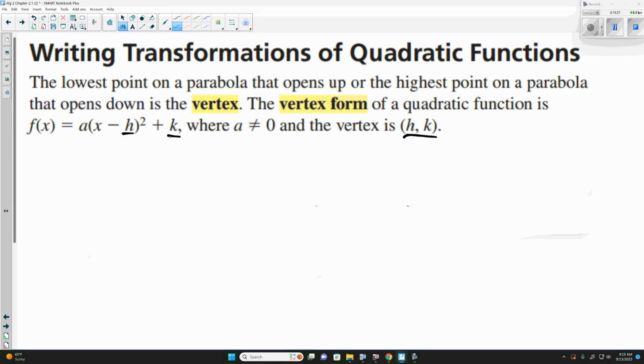Because if it was x plus 4, h comes out as negative 4. If it's x minus 7, it comes out as 7. It gives us the vertex. And a is going to be our vertical stretch or shrink, but it gives us the vertex. And the vertex is the biggest or smallest point on a quadratic.